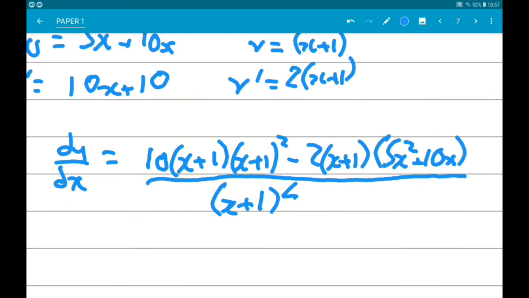Now, everything at this point has a common factor of x add 1, so we're going to divide through by x add 1.